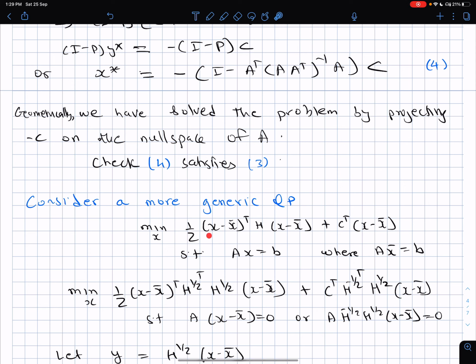So minimize half of (x minus x bar) transpose H (x minus x bar) plus c transpose (x minus x bar), subject to the requirement that Ax is equal to b.